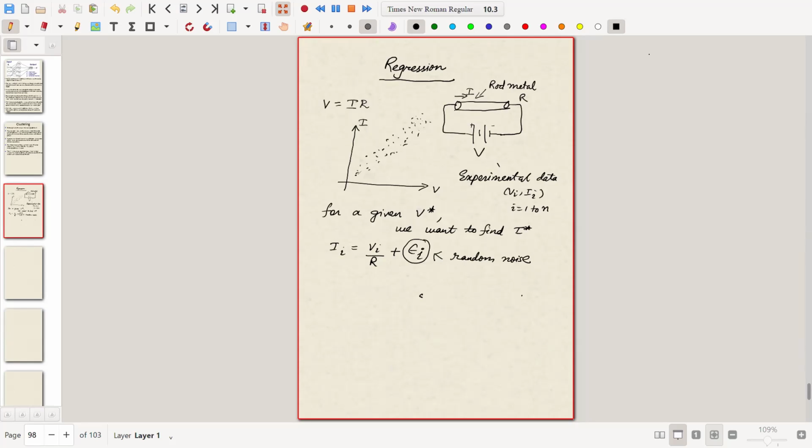Therefore, there is Gaussian white noise, random noise following a normal distribution with zero mean. All these are modeled by us, and our aim is to mimic that kind of noise. Experimentally you can never evaluate this noise. This epsilon i is a random noise. You can't evaluate it, but we have to take into account that it is there.